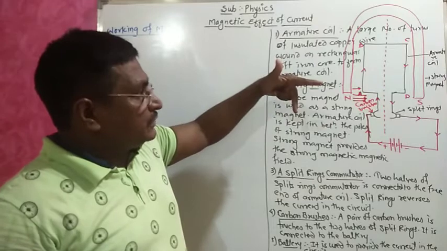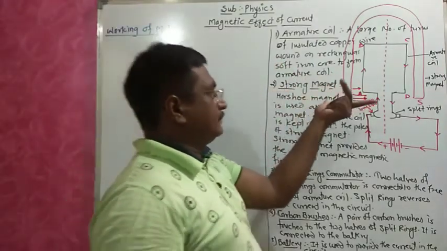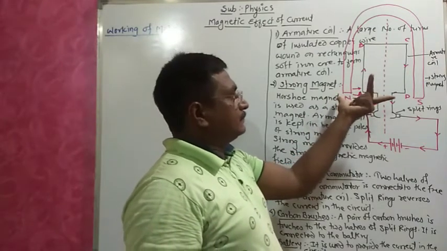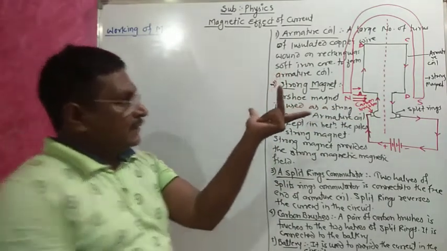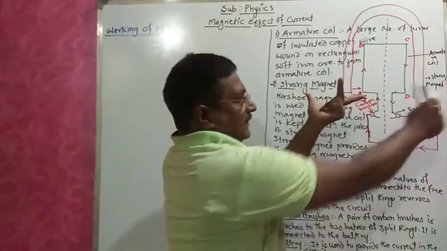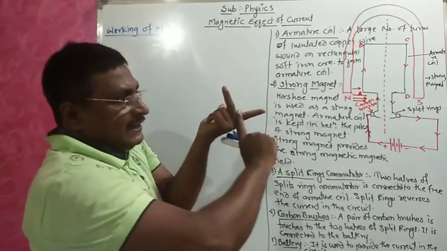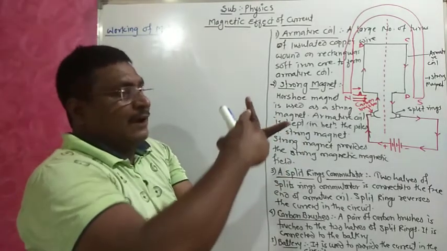Now just you see. Did you observe how my hand is? So this is the magnetic field. Where is it? Right hand side. Magnetic field is moving in this direction. Current is flowing in the upward direction.